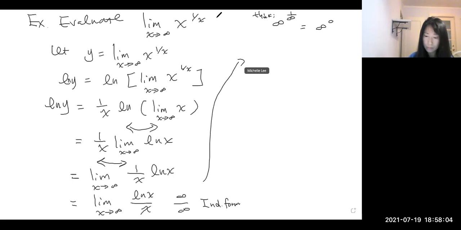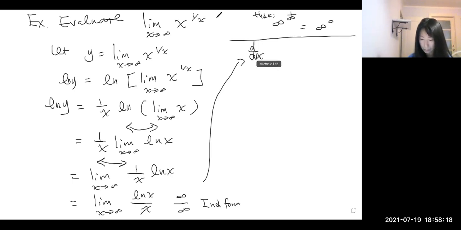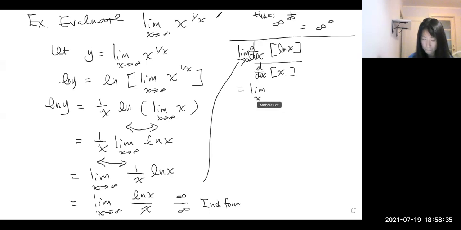Now, we do this using L'Hopital's rule. So what do you get for this one? ln x with derivative.